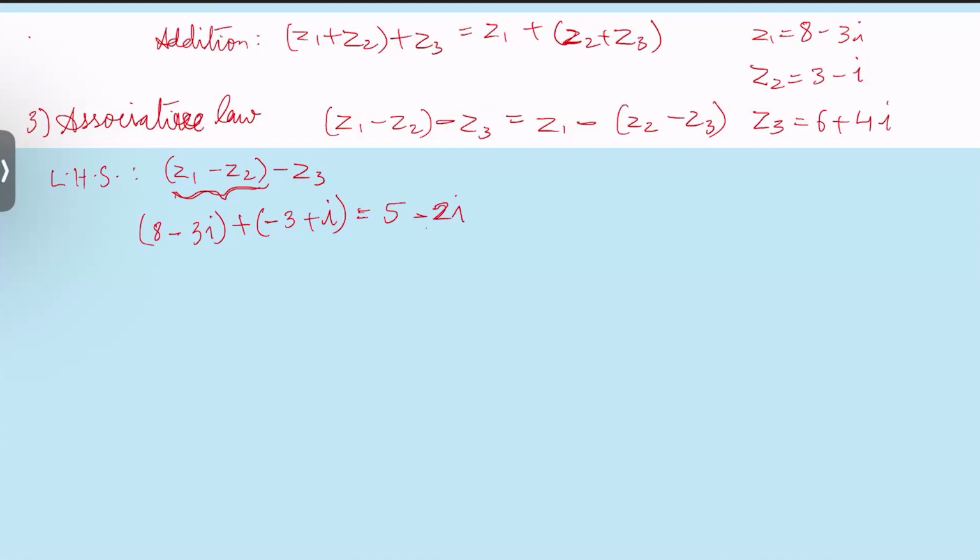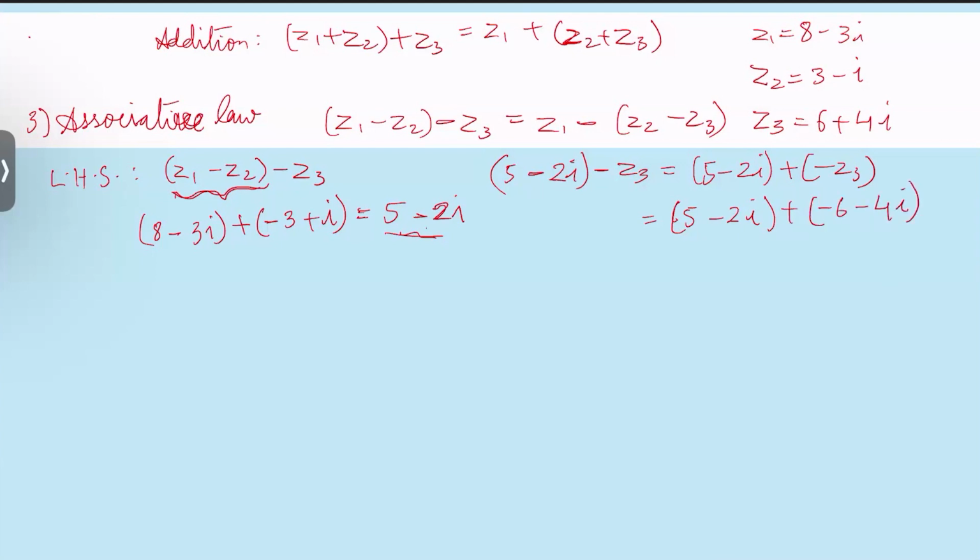Now we try to subtract Z3 from this. So 5 minus 2i minus Z3, and we write it in the form where Z3 becomes the additive inverse: 5 minus 2i plus minus Z3. Now you change the signs for Z3, so 5 minus 2i plus minus 6 minus 4i. Now the real parts and the imaginary parts are equated and evaluated.